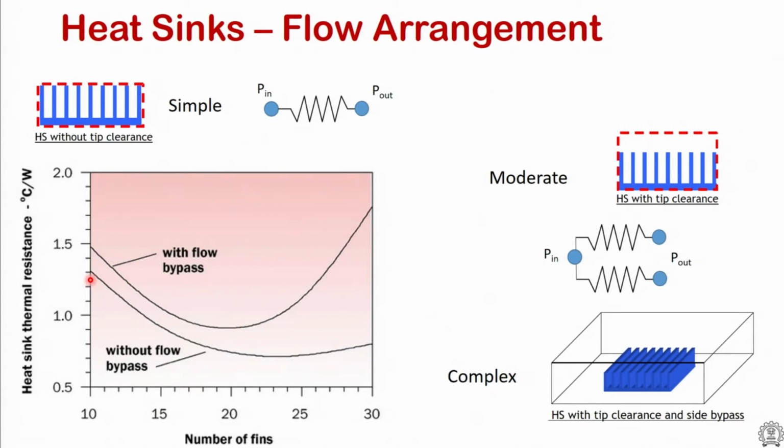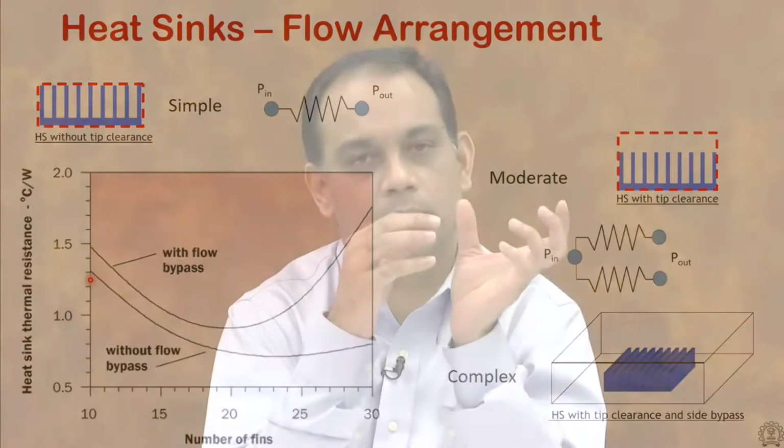But as you add more and more fins, there are two parts to it. The amount of heat that the fin can transfer convectively to the flowing air is one part, and the second part is how much energy or heat the air can carry away. Those are the two competing cases.